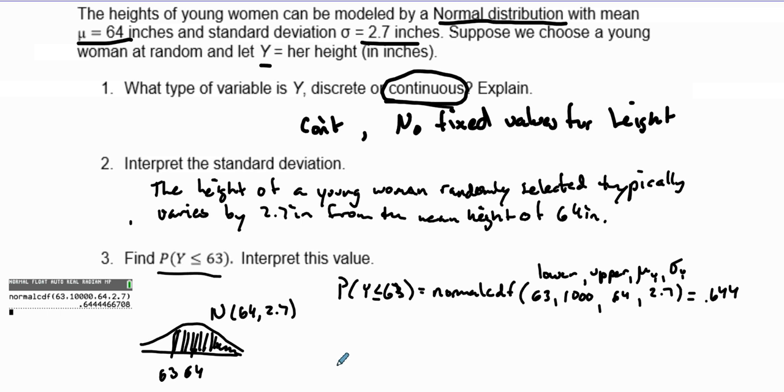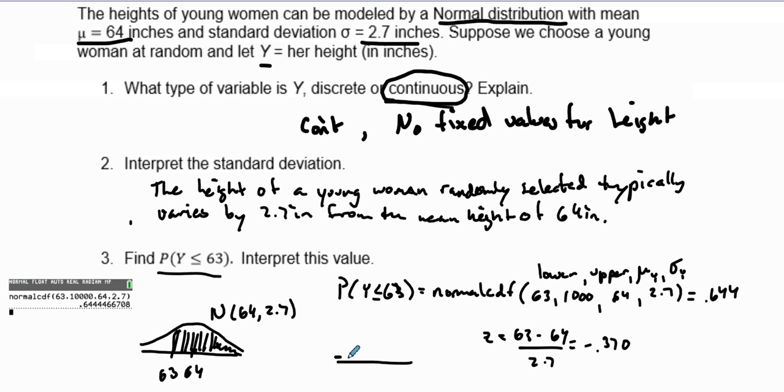All right, we could also find a z-score. We can take 63 minus 64 divided by 2.7, and if you punch that into your calculator, you'll have a value of negative 0.370.